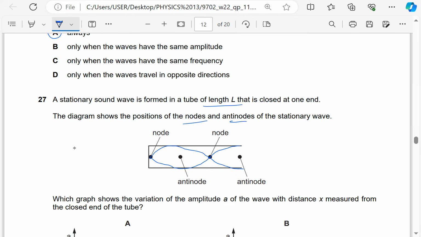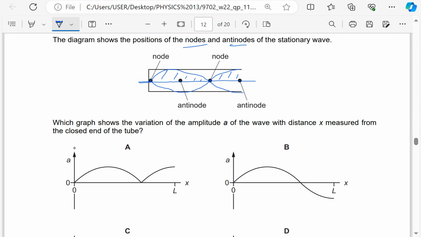If I want to sketch a graph of displacement against distance, I can take the upper part or the bottom part. Let's see the question. Which graph shows the variation of amplitude A of the wave with the distance x measured from the closed end of the tube?